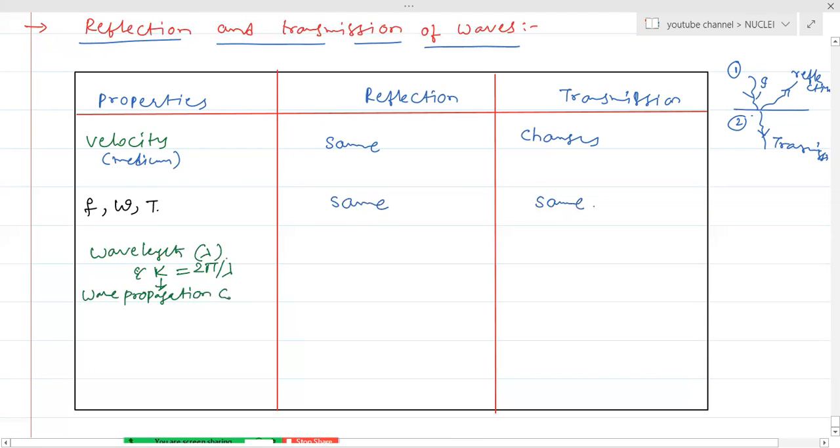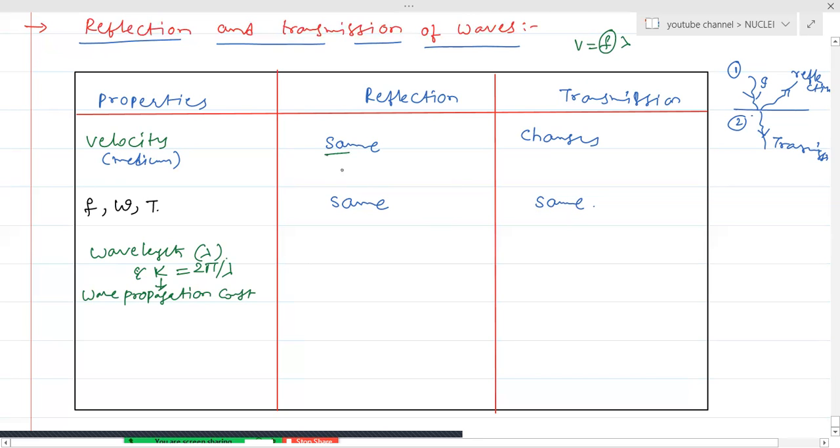You need to understand one thing. When we take v equivalent to f into lambda, if the velocity is constant, the wavelength is also constant. As the velocity is the same, automatically the wavelength is also the same, because the wave goes back into the same medium.